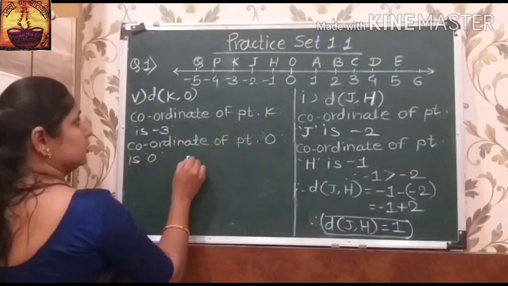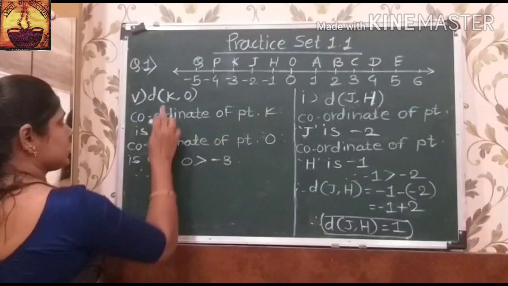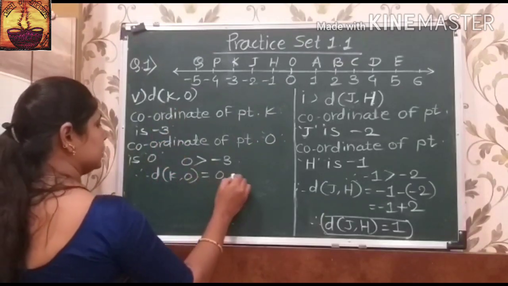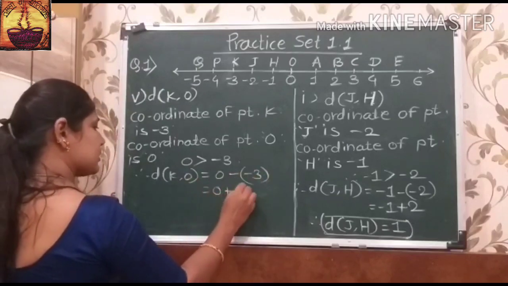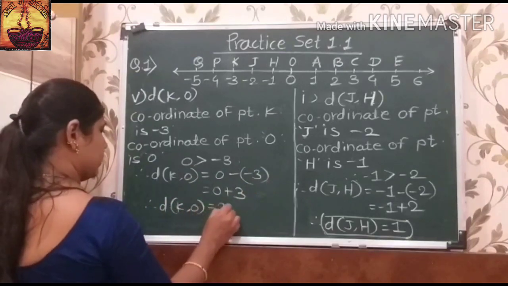We know that 0 is greater than -3, therefore distance KO is equal to 0 minus of -3. Therefore 0 plus 3, so distance KO is equal to 3.